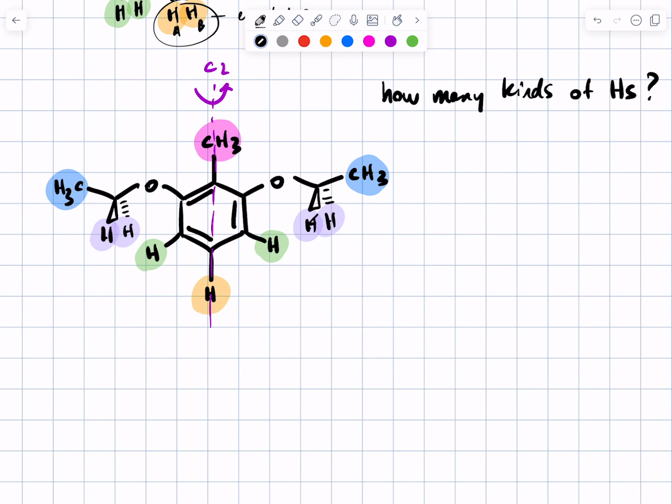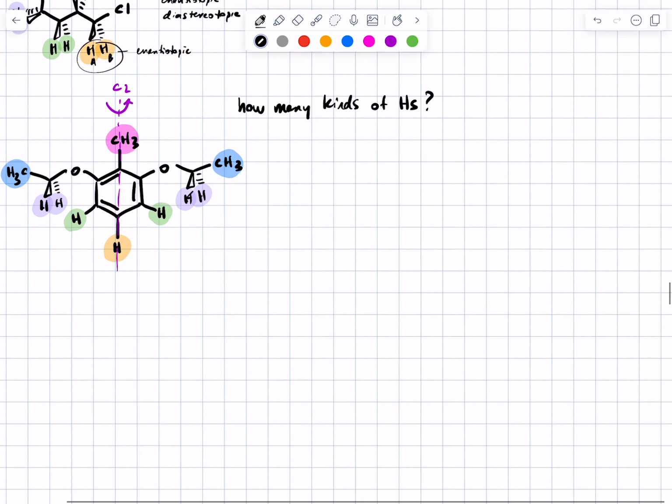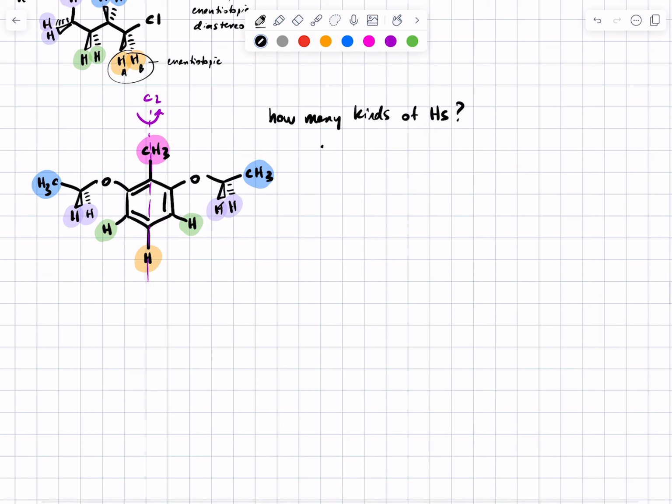It can get a little bit trickier when you start introducing rings to molecules. You are right, there are 6... 1, 2, 3, 4, 5. Yep, 5 different kinds of protons. We would expect 5 different NMR signals for this molecule.